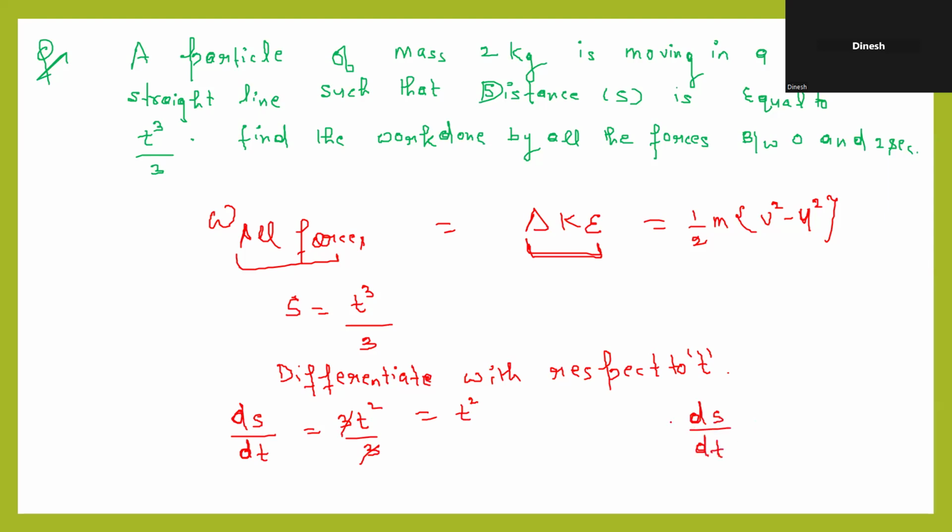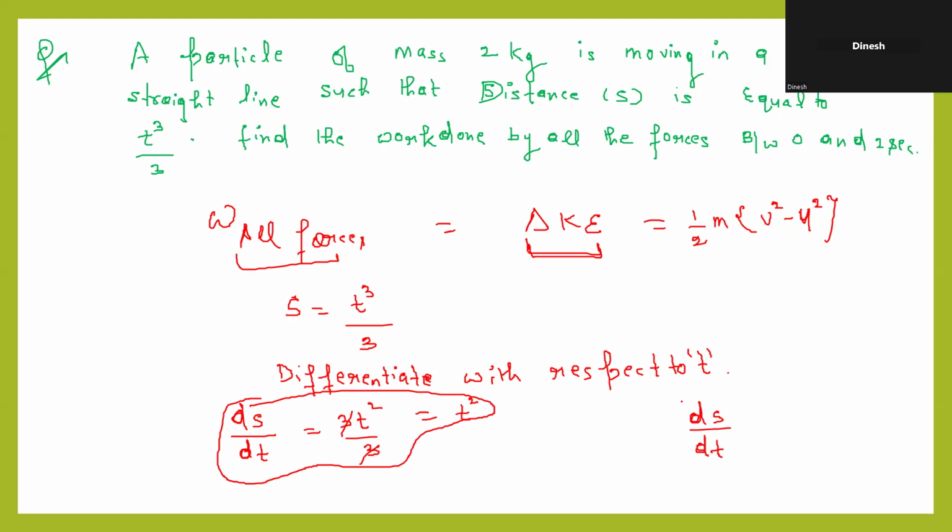Sir, T represents time in the question? Yes, t is the time. So ds by dt, you got t square. What is this? It is the speed expression in terms of t.